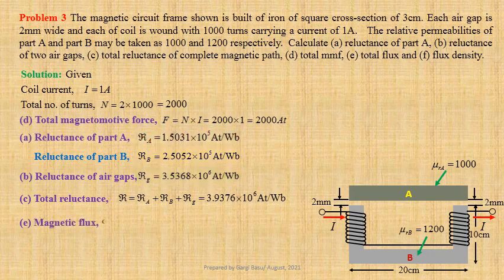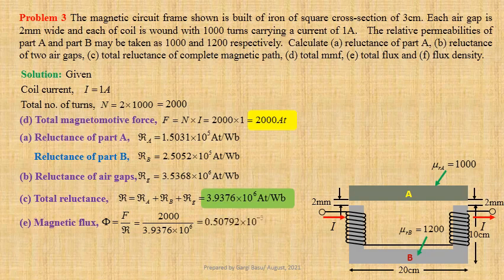Magnetic flux phi equals F divided by R. Using values we get 2000 divided by 3.9376 into 10 to the power 6, that gives us 0.50792 into 10 to the power minus 3 Weber, or 0.50792 milli Weber.